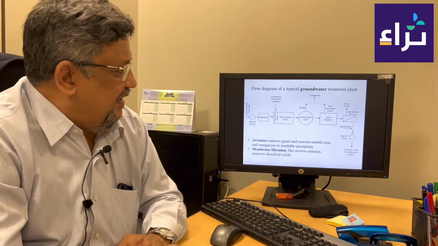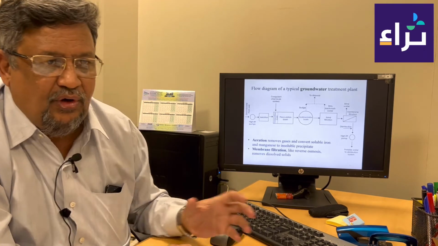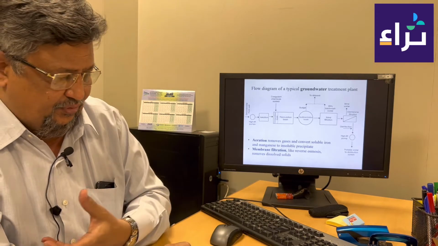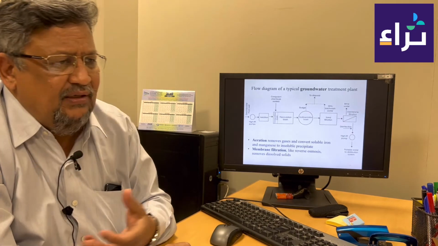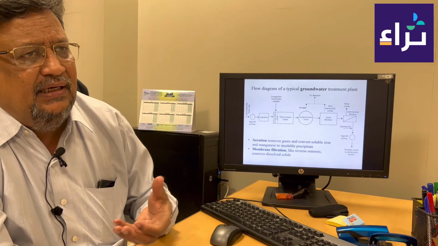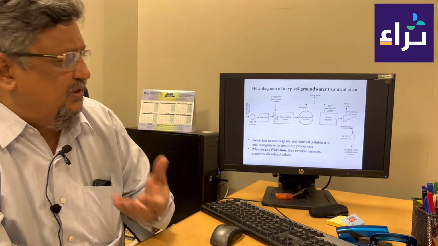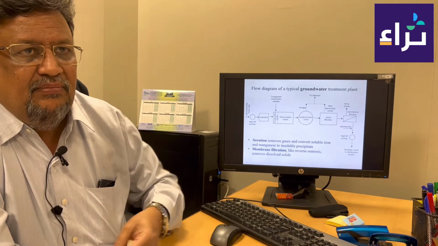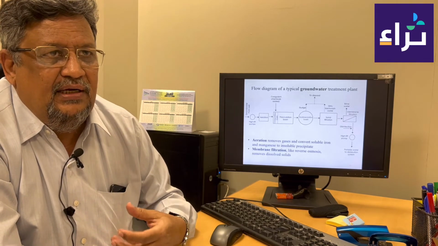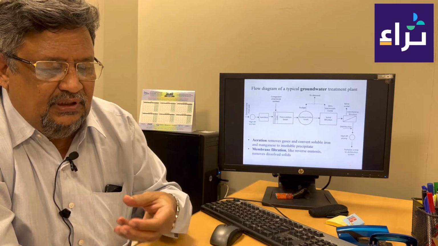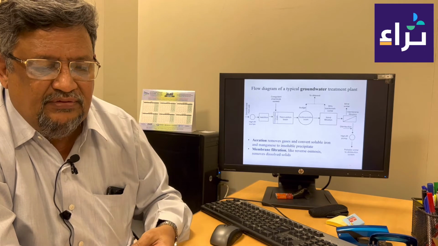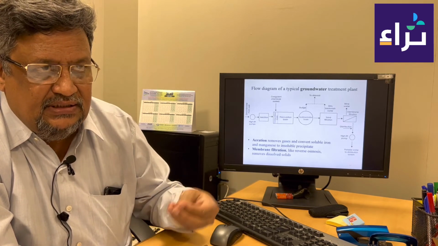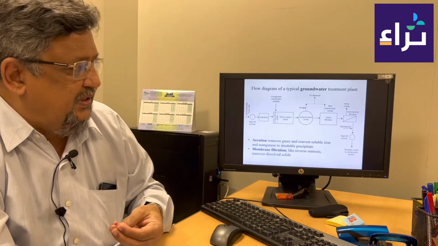Now this is a simplified diagram of a groundwater treatment system or a surface water treatment system. The water is taken, pumped, then aeration is done for the removal of the gases, then some chemicals are dosed, and turbidity or small quantities of suspended solids are settled, then filtration is done.